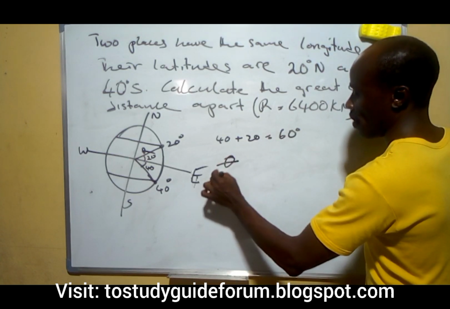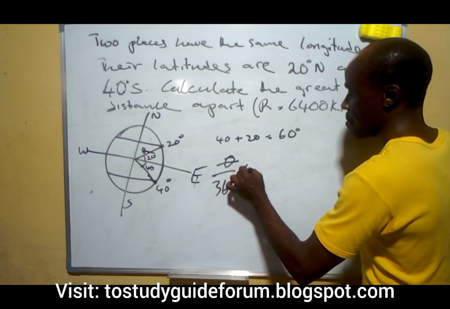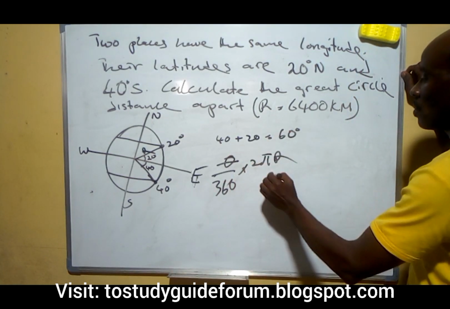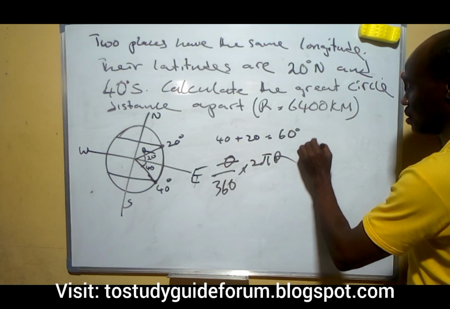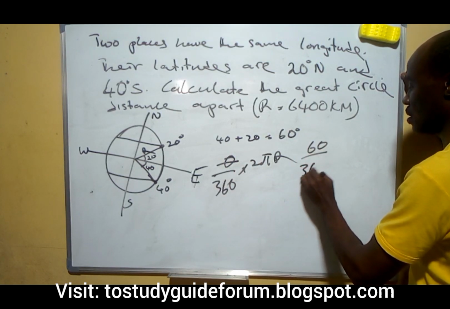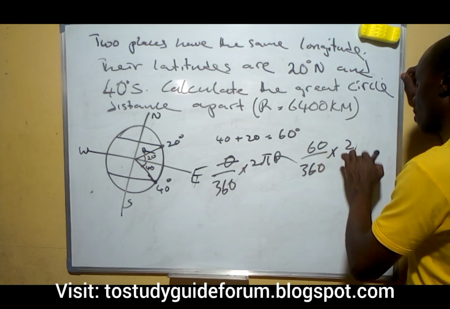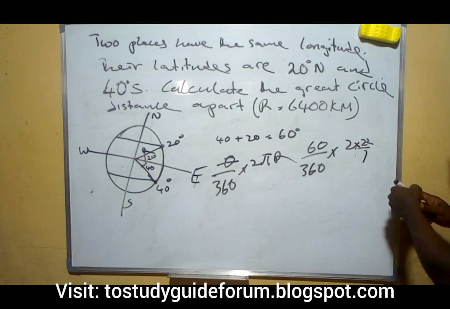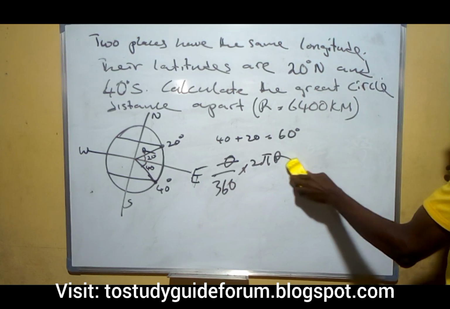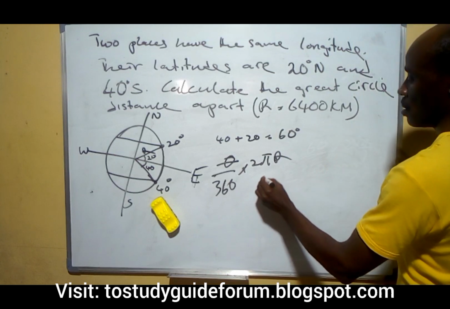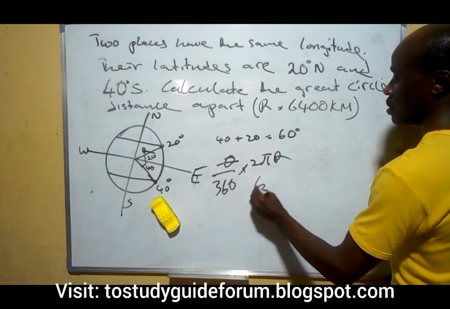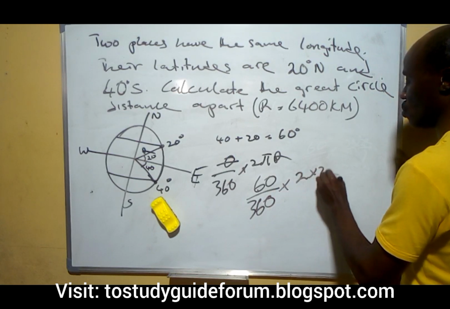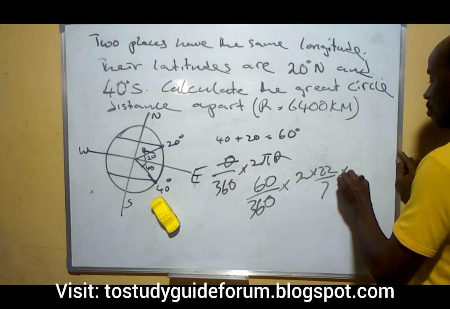So using our formula, theta stands for 60 over 360 times 2 times 22 over 7 times the radius.